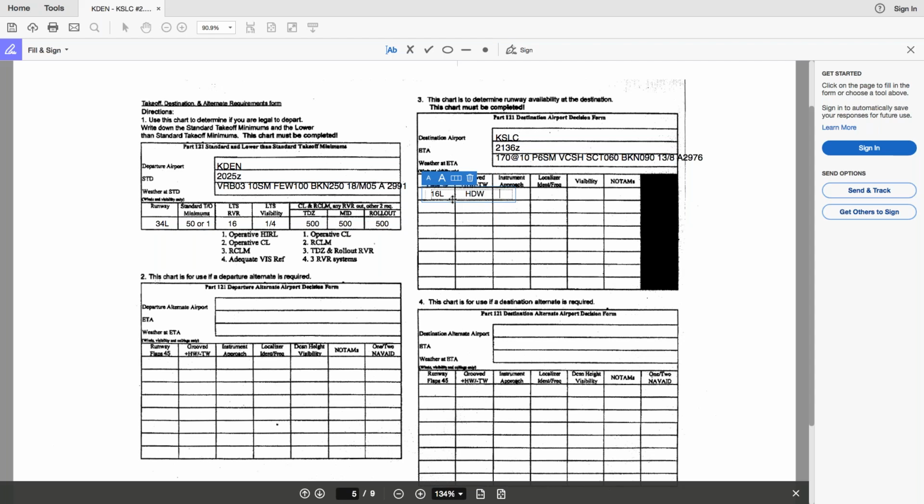Okay. Instrument approach. What's the localizer ident frequency? So this one we're actually looking at the airport approach plate.